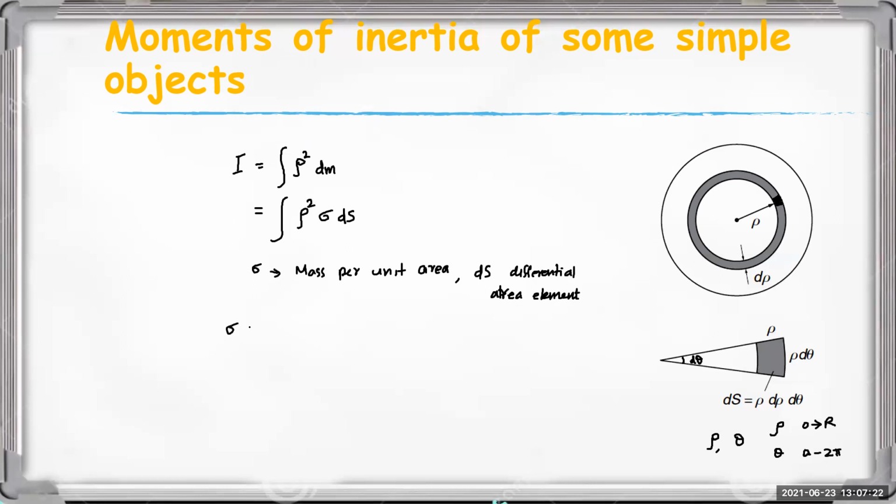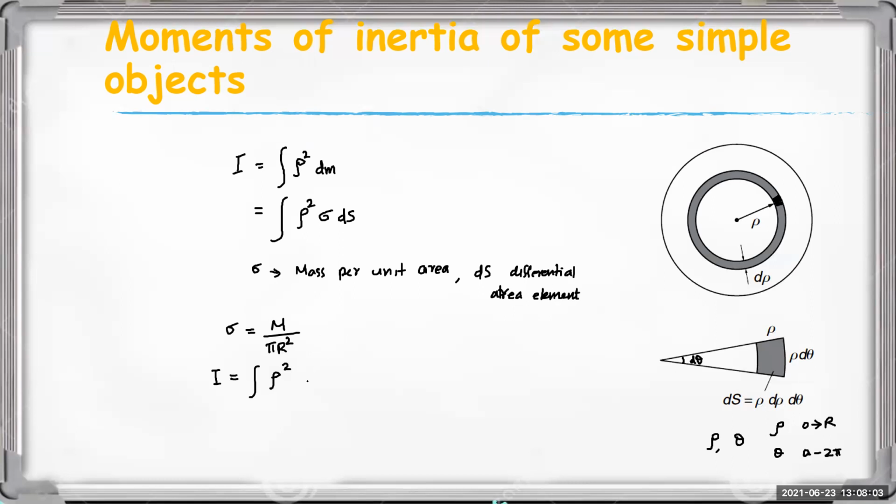And what will be the sigma? Sigma is the mass per unit area, the mass is m, the area is pi R square. So sigma is m divided by pi R square. So we have obtained in polar coordinates dS is equal to rho d rho d theta. So here we write the integration I is equal to integral rho square sigma dS.